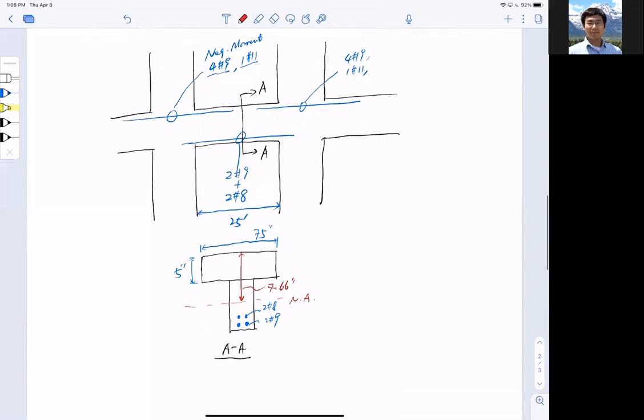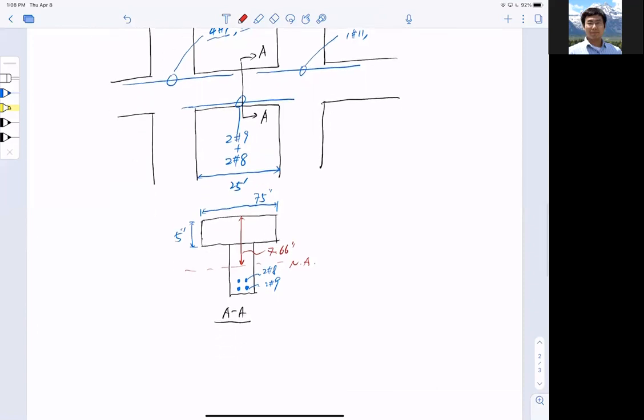I want you to put a label here because this is at the middle span, so this is positive bending moment. Why is this so important? Because if it's positive bending moment, I'm pretty sure the compressive zone is at the top, and we can compute the Ig and Icr correspondingly.